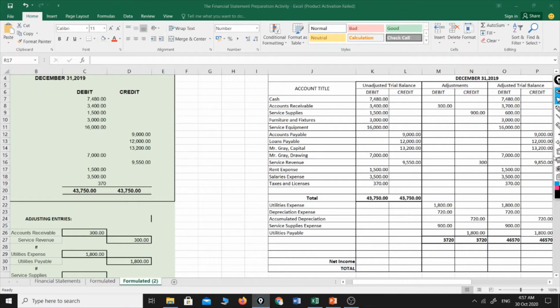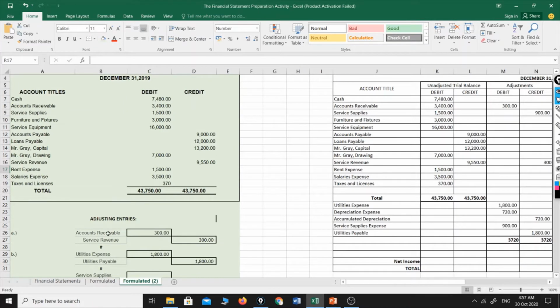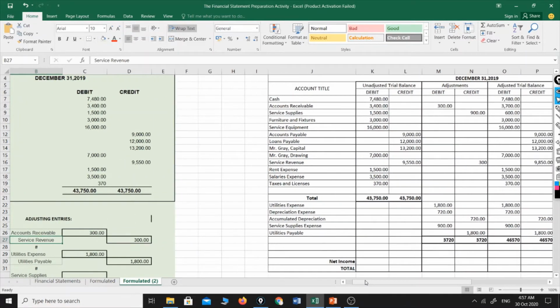So that we can easily locate the adjustment. Letter A adjustment is about accounts receivable debit and service revenue credit. So let's put here for the accounts receivable adjustment, letter A, and its related credit, which is the service revenue, still A.